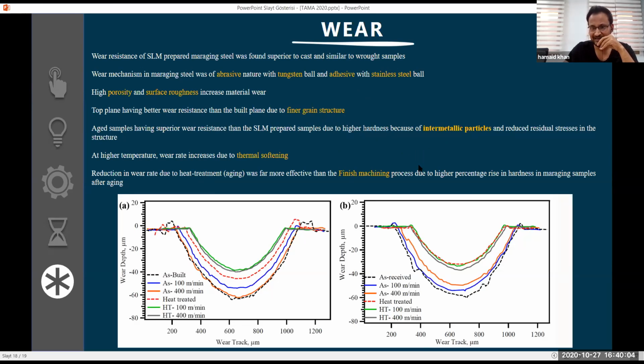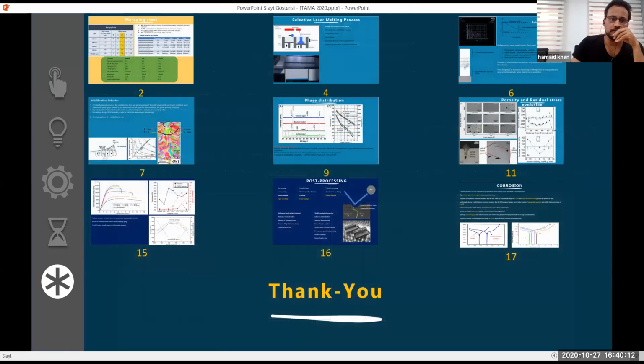However, compared to the heat treatment, the finish machining process was not that significant. We use Maraging steel because it is very good and extensively used these days in the production of hard tools, and it is also being tested every now and then using additive manufacturing processes.